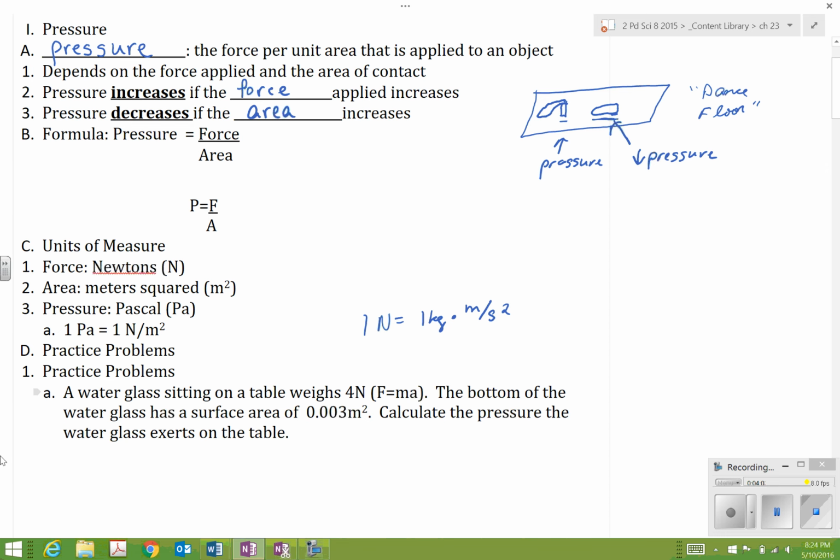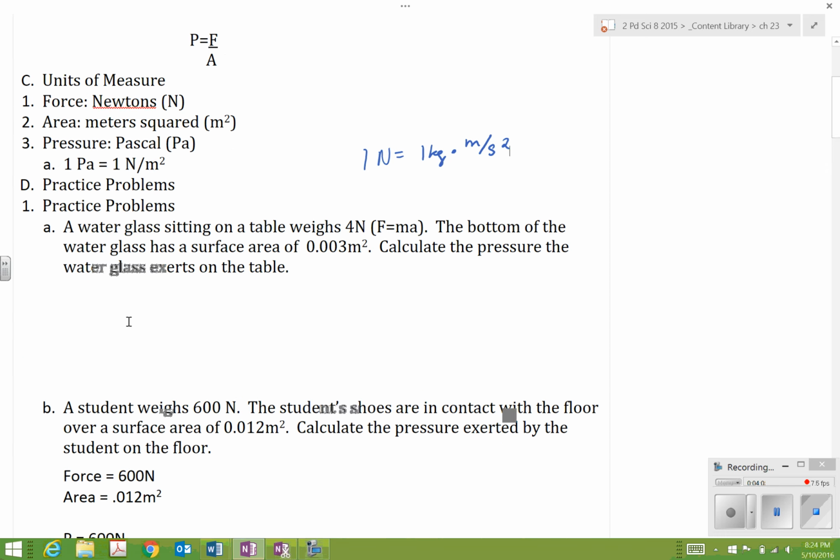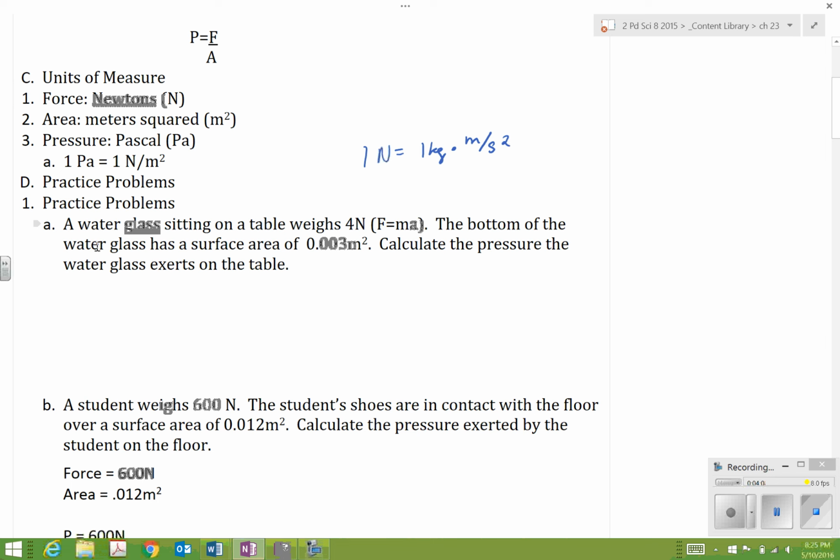Our first practice problem says, a water glass sitting on a table weighs 4 newtons, and we're remembering our formula, F equals ma. The bottom of the water glass has a surface area of 0.003 meters squared. They would like us to calculate the pressure the water exerts on the table. So let's look at our given. That's the first thing we're going to want to do.